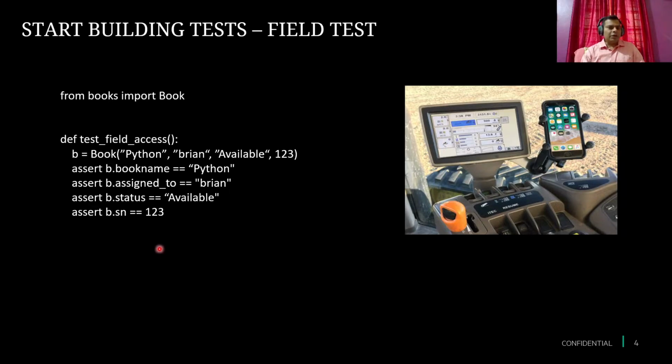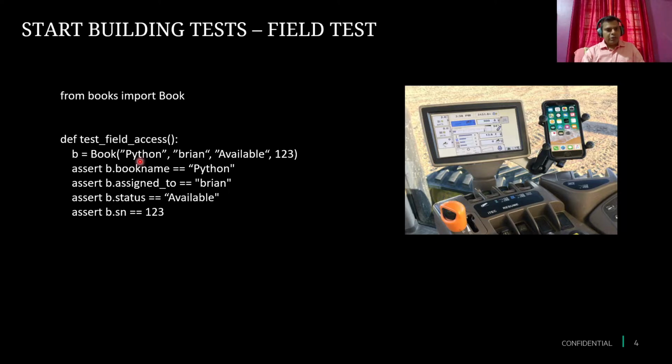And on the same line, we want to test the values which we are defining while calling the object. We have given the name of the test case as test_field_access. So we are creating the new object b, but this time we are not using the default values.